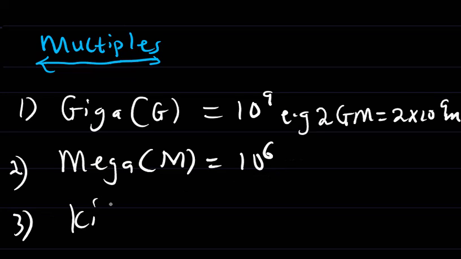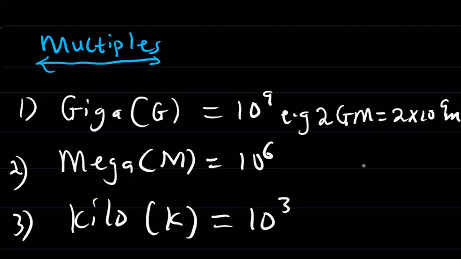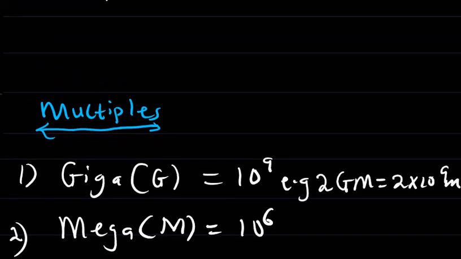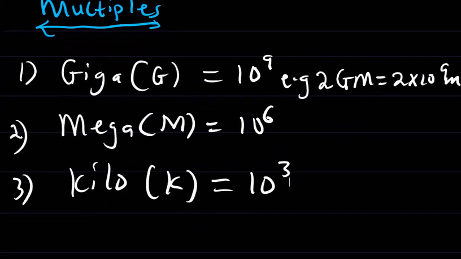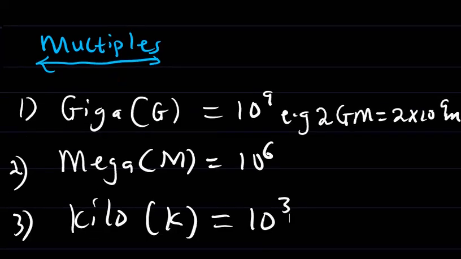Then we have kilo, 10 raised to the power of 3. Take note of that. So anytime you are asked to convert using these prefixes, these are the conversion factors.